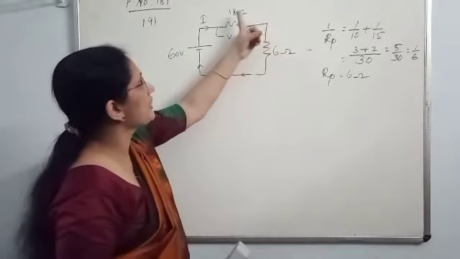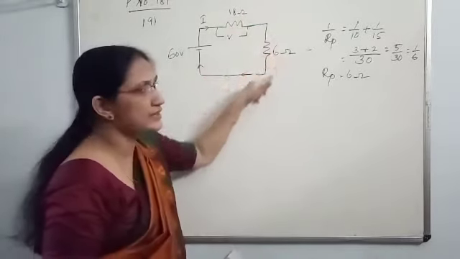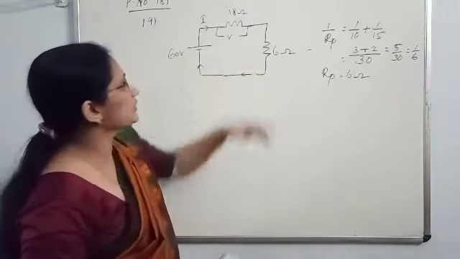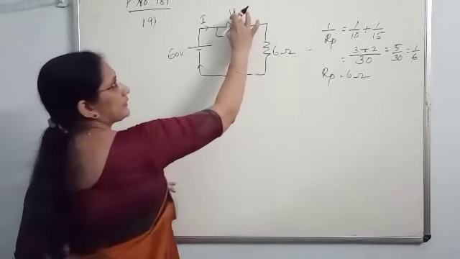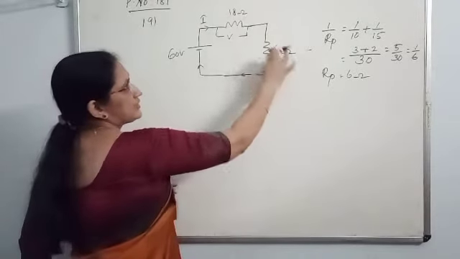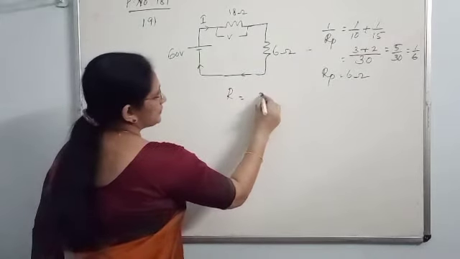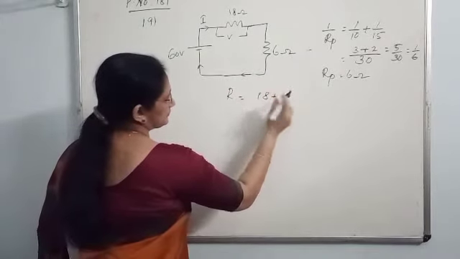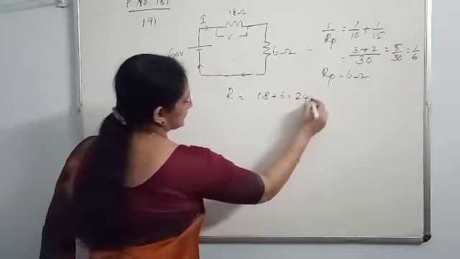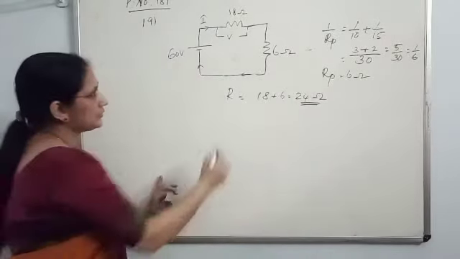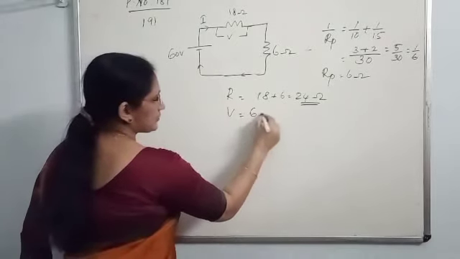This 6 ohm and 18 ohm are in series. So what is the total resistance? 18 plus 6. Total resistance is 24. Then V value is 60 volt.